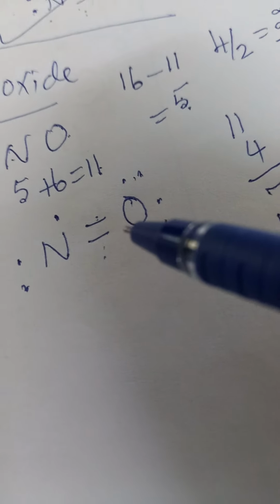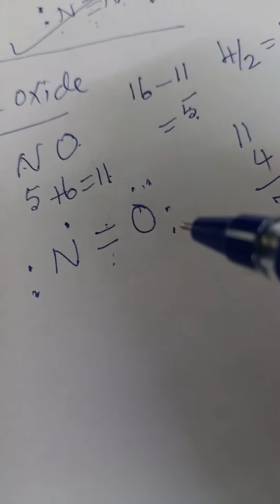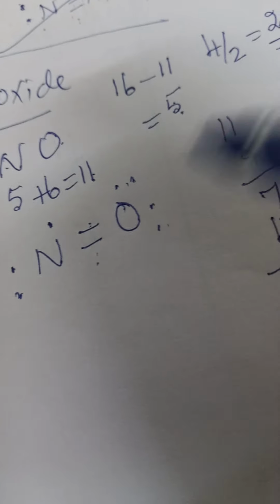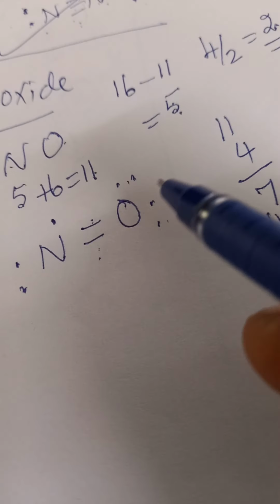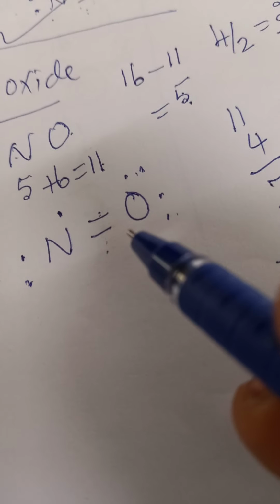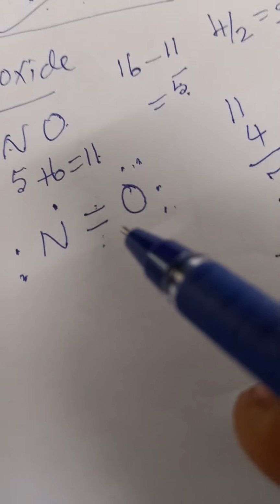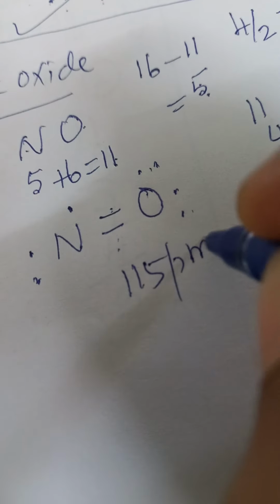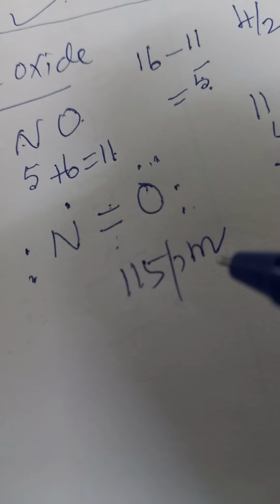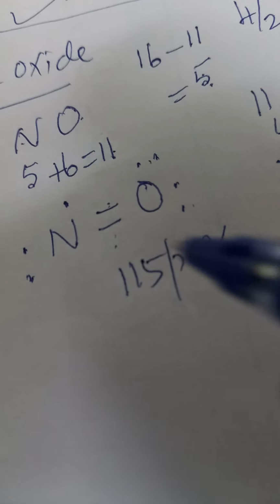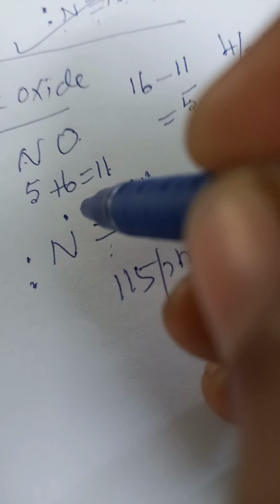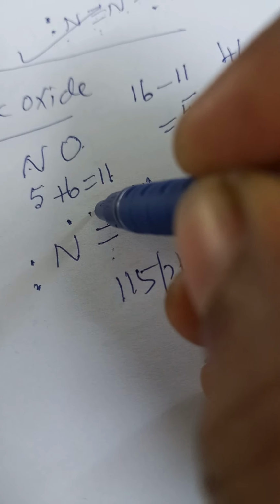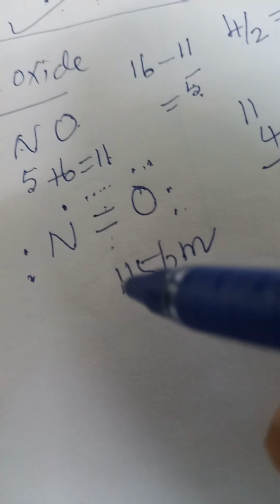Now writing the charges. That nitrogen double bond O, that bond length is 115 picometer, it is given. Since this bond is odd, see, it is an incomplete bond.